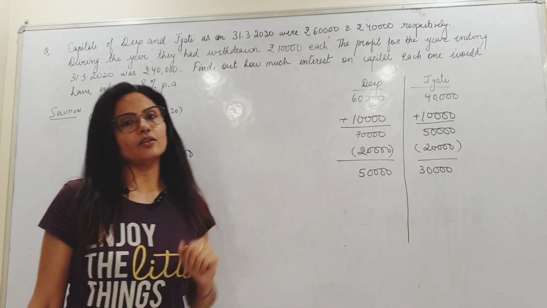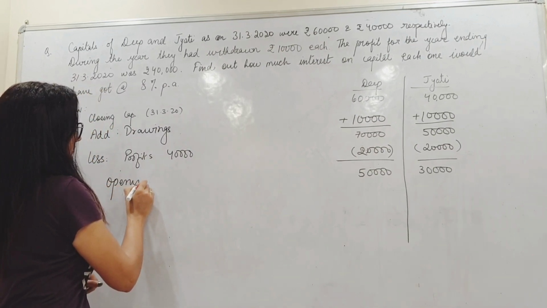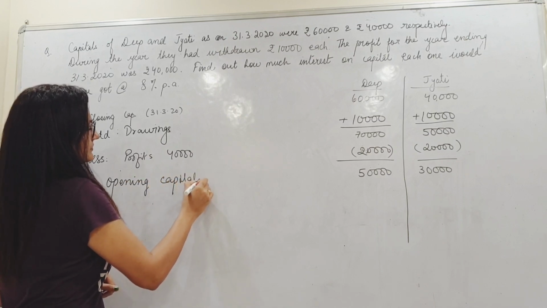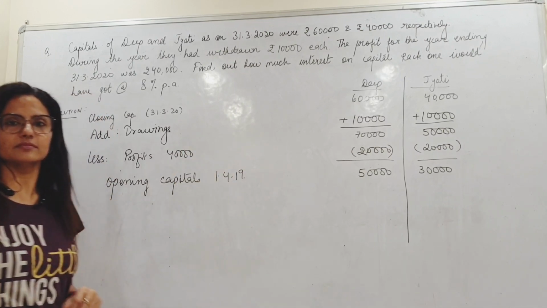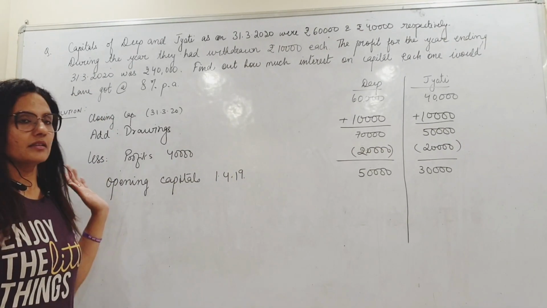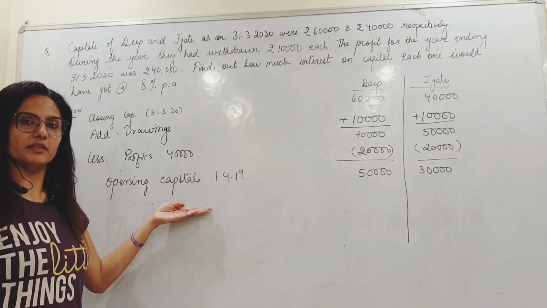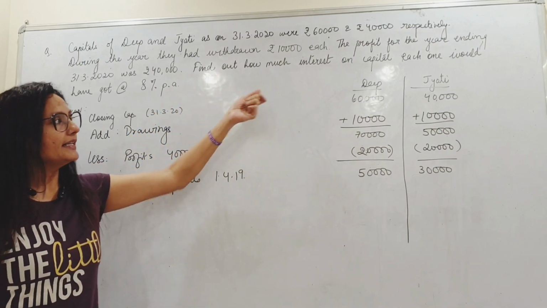Become exactly the opposite. So here we are at our opening capital. That is 1490 opening. Clear till here?